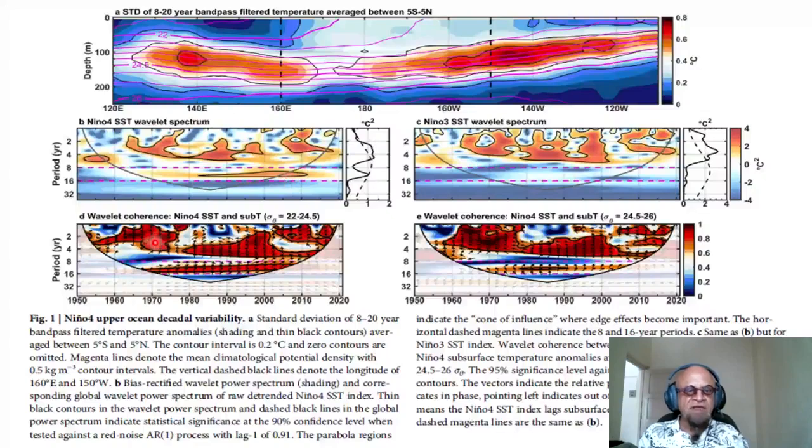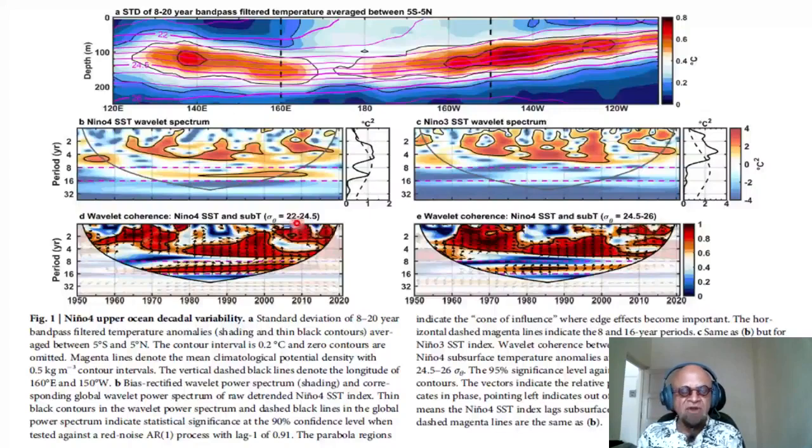And wavelength coherence of Nino 4 SST and subsurface temperatures, again high coherence in the decadal time period, but the coherence of the Nino 4 SST and subsurface temperature at another depth.